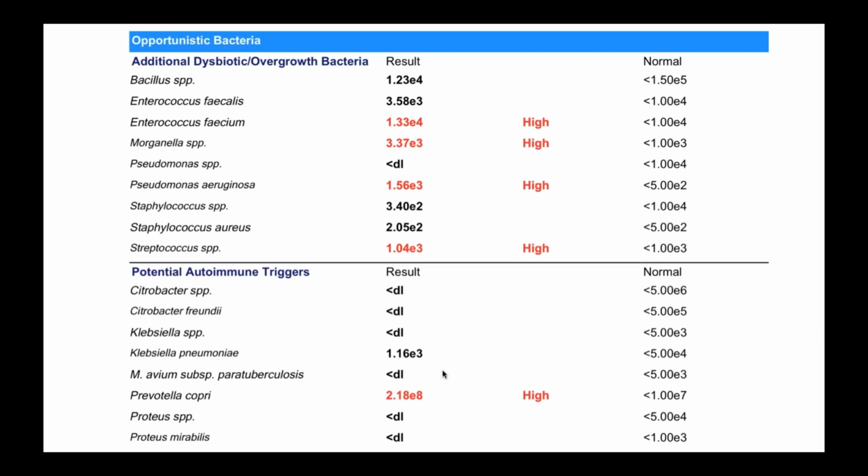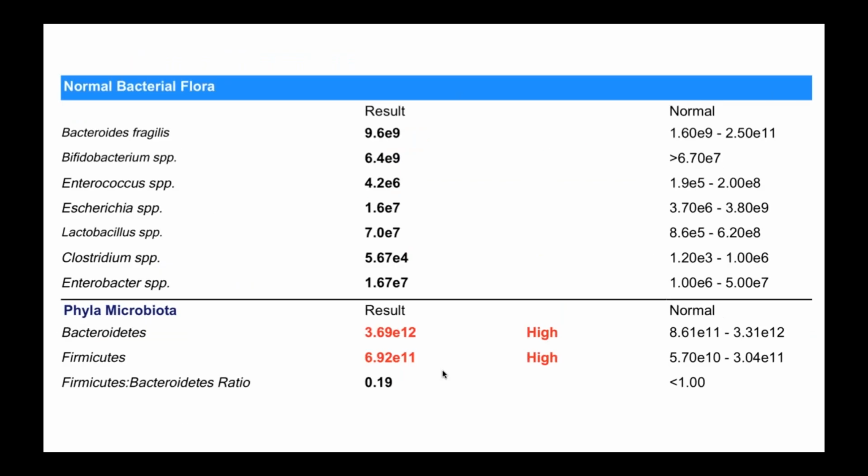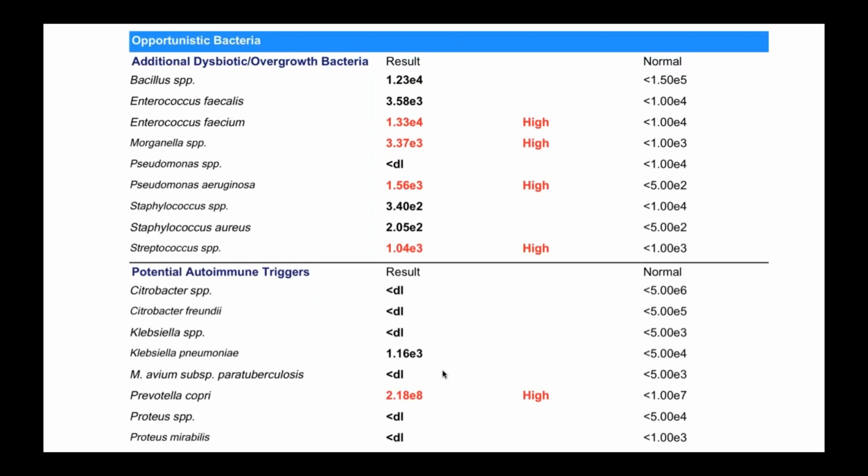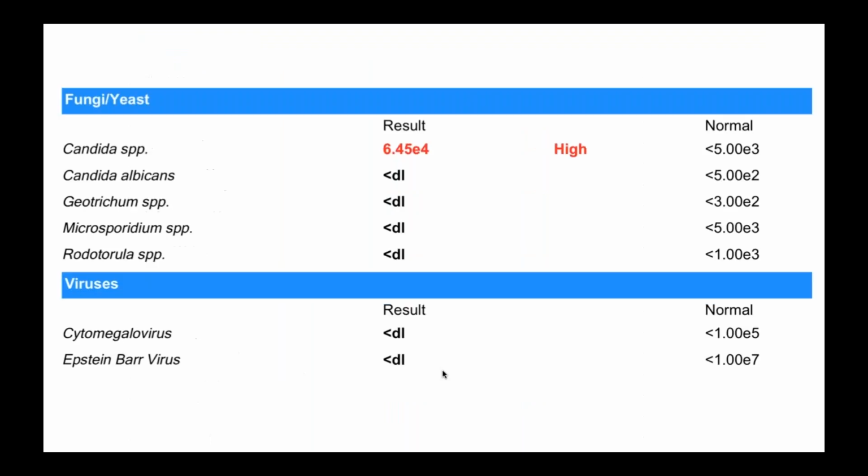Let's go back and take a quick look at lactobacillus. In this case, the lactobacillus was fairly normal, so that's actually a positive result because lactobacillus can convert some of those potentially toxic gluten peptides produced by Pseudomonas into less harmful peptides. But we do see cases where lactobacillus is low at the same time as Pseudomonas is high, and that would set up potentially a situation that may be more likely to result in gluten sensitivity or possibly even celiac disease.